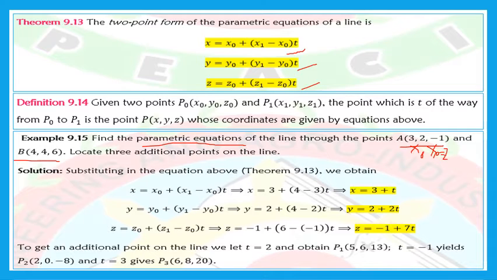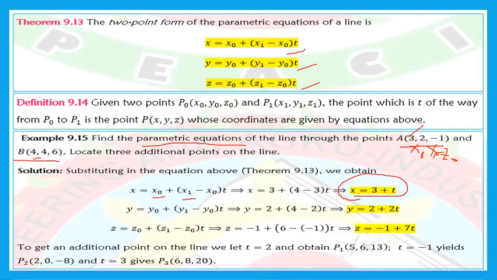Then x sub 1, y sub 1, z sub 1 is the point B. So x sub O is replaced by 3, from the coordinates of point A, and x sub 1 comes from B, that is 4, minus x sub O, which is 3, times the variable t. So 3 plus 4 minus 3 times t gives us x equals 3 plus t. Okay, another, y equals y sub O.